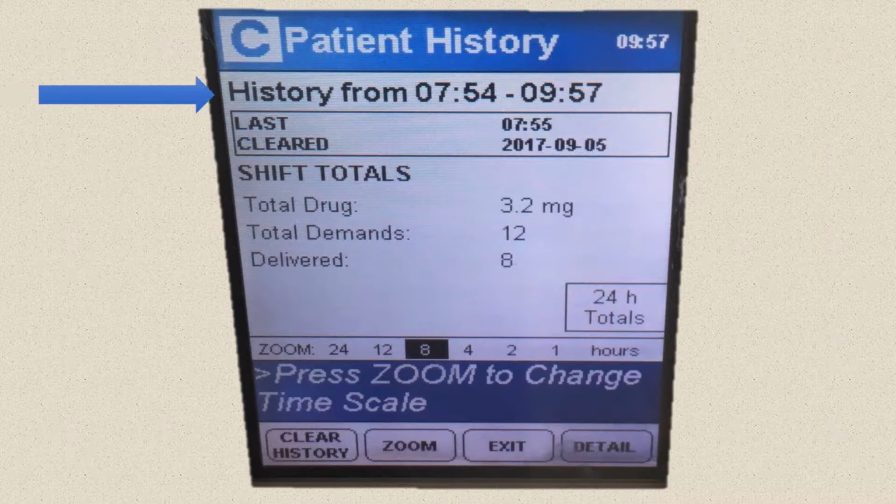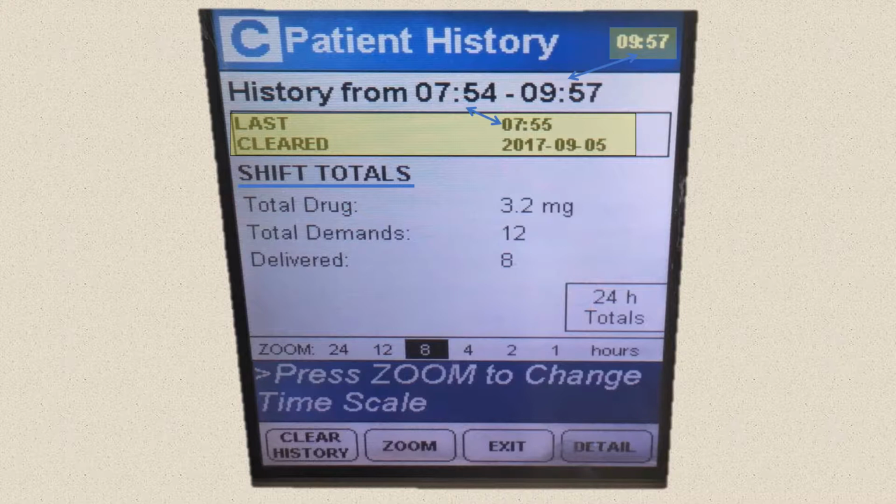However, if you look here, you see that in fact what is being shown is only for a 2-hour time period. That's because the pump was cleared at 7:54, 7:55 in this case, and because we're in the shift totals mode, this cleared time is the time zero for everything shown. And since it was 9:57 when this photo was taken, that's the end time.